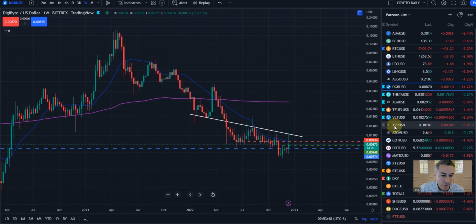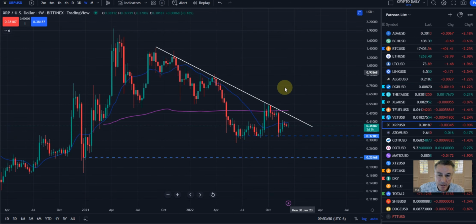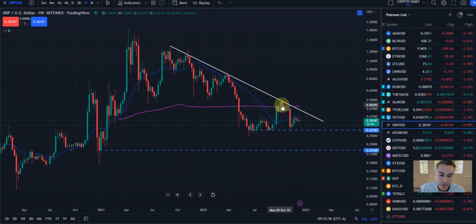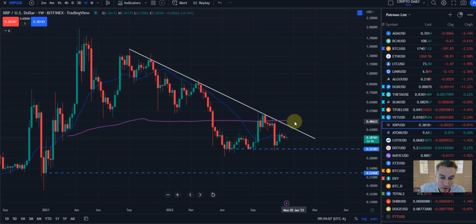Let's go to XRP. Again, weekly chart. We had this downtrend line. Let's start from scratch here. Again, 20 under the 200, price under the 20. So a lot more bearish than bullish right now. But we're holding this key level right at the 20, basically what we call an inside bar.